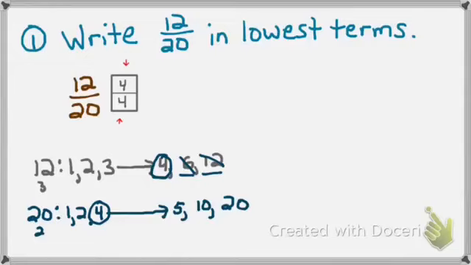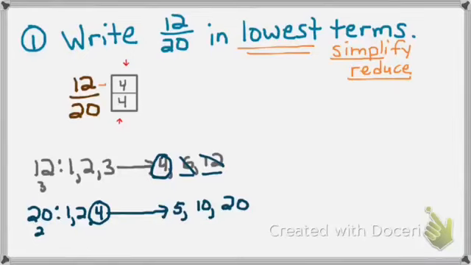Now my directions tell me to put this fraction, 12/20ths, in lowest terms, which is also called simplify the fraction. Or sometimes you might hear to reduce the fraction. All of these words, lowest, simple, from simplify, reduce, are all words that mean to make it smaller.